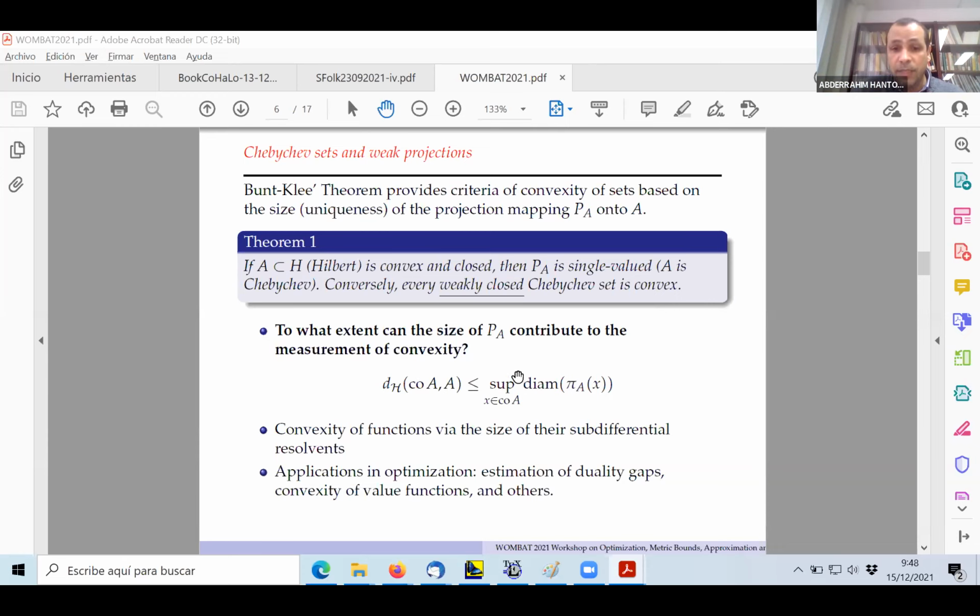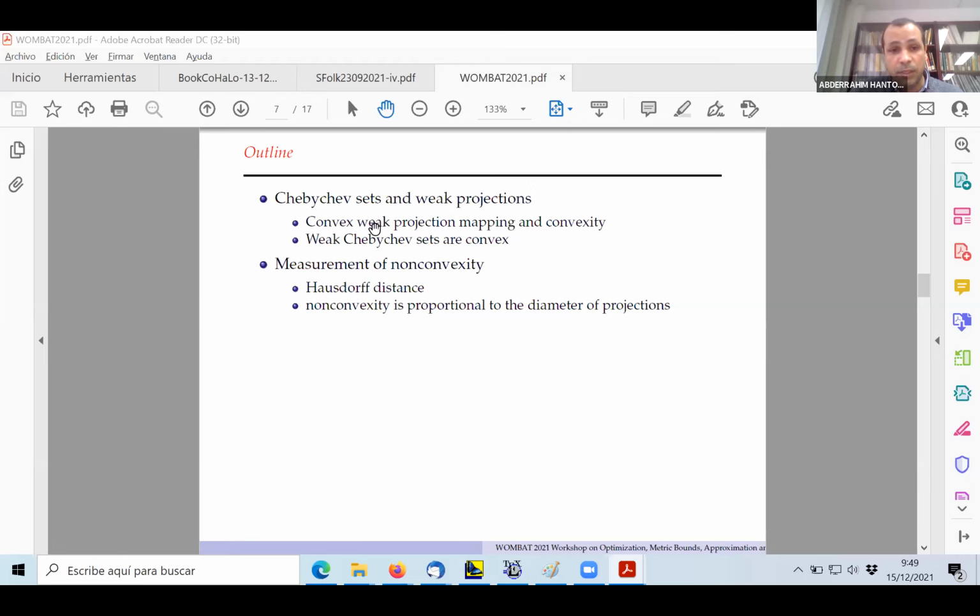So the talk is, what we do is first recall or do some review on Chebychev sets. We will introduce what we call, perhaps it's a new name, but possibly as a concept it is not, weak projection onto a closed set.